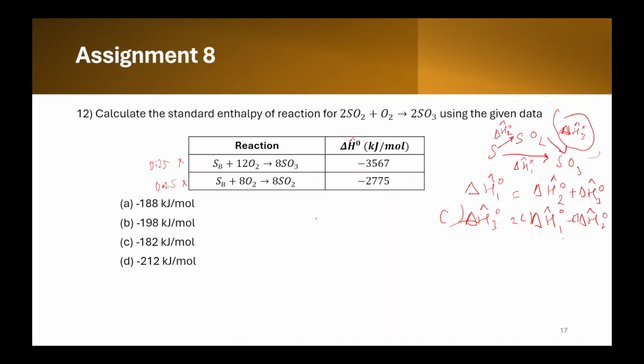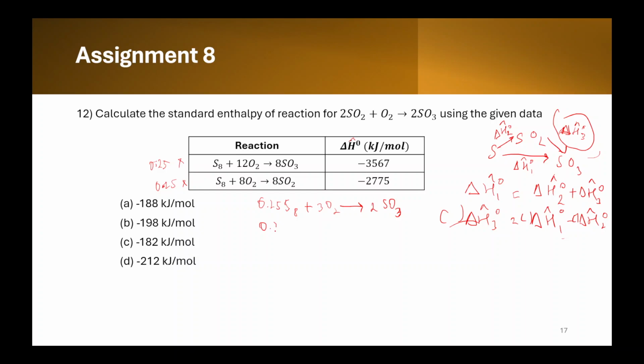Okay. So if we write, S8 is 0.25 S8 plus 0.25 into 12 will be 3, so 3O2, this will be 0.25 into 8 will be again 2. Sorry, this will not be plus, this is the arrow. So 2SO3.